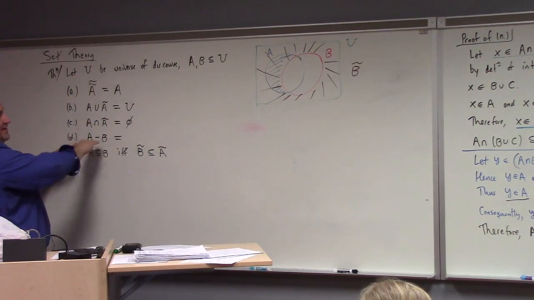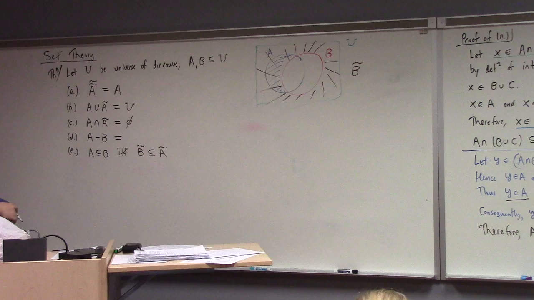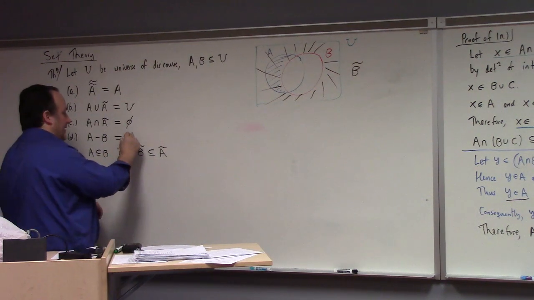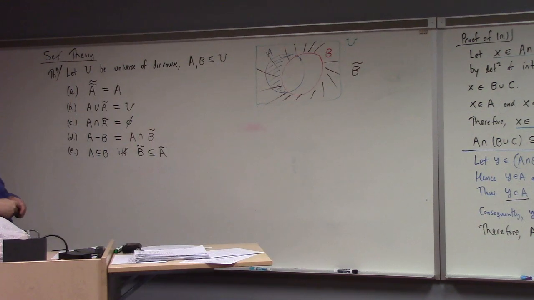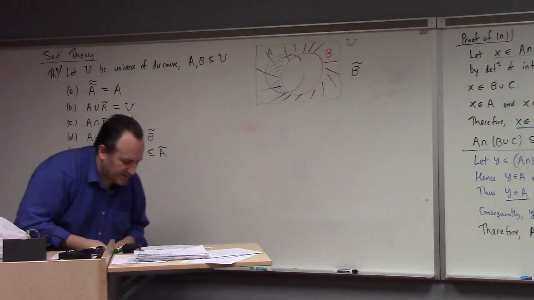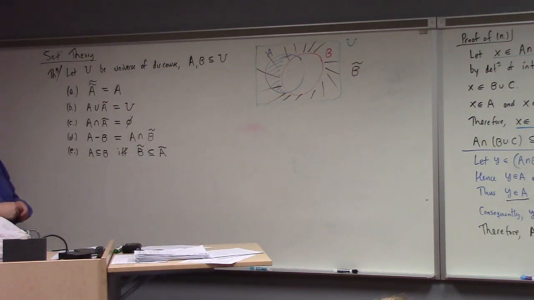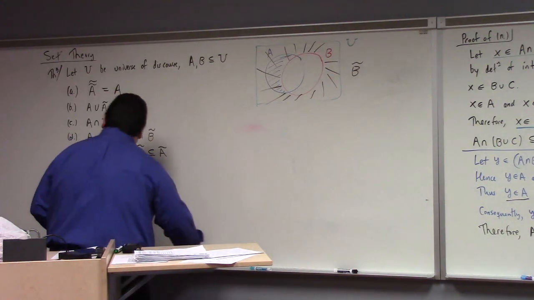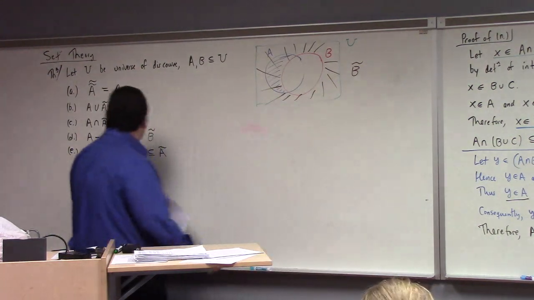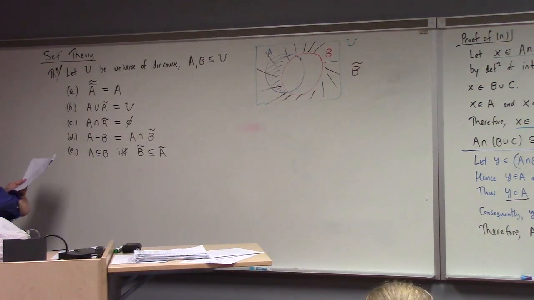So what could you say here? A minus B, how does it relate to B complement and A? Very good, yeah. So A intersect B complement. I hope that's what's in the notes. Were you looking at the notes? It's not the worst thing to be looking at the notes, but it's more fun to discover it for yourself, right? All right, so that's E.